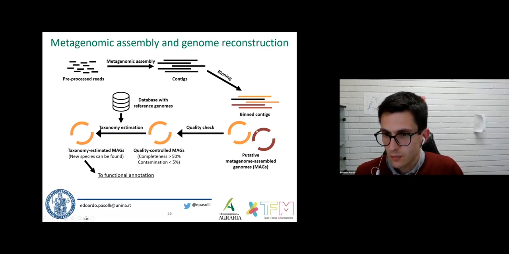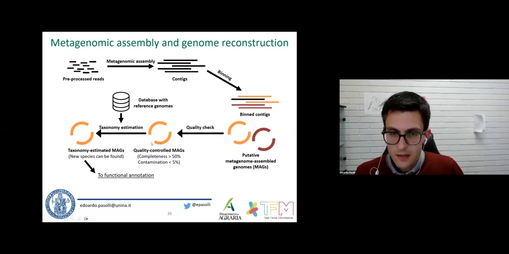Here we are getting some putative metagenome-assembled genomes, or MAGs. We need to perform a quality check to see if these MAGs are sufficiently complete and not too contaminated. These are standard metrics for completeness and contamination that we use to define medium-quality MAGs.